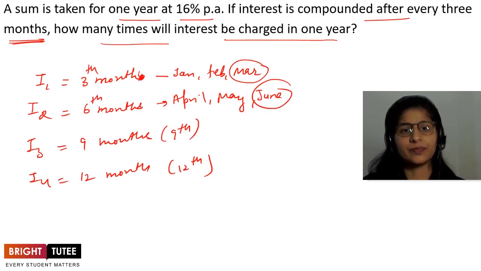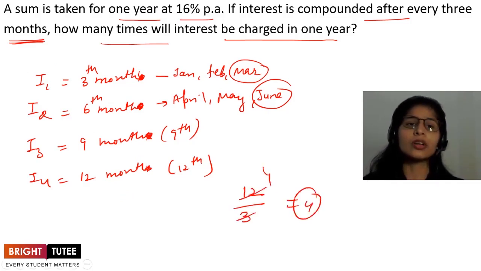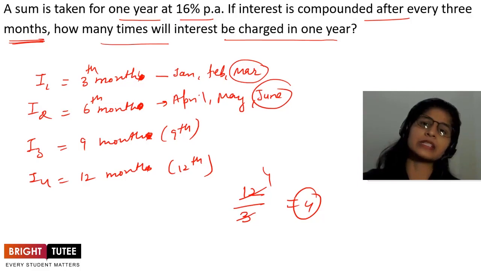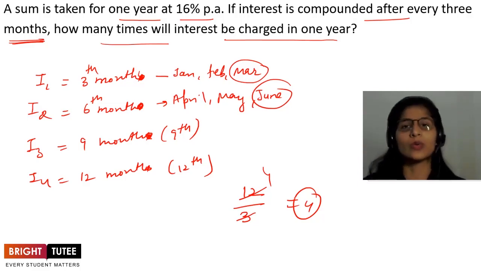So like this we can write that it will be charged 4 times, because if we divide 12 into groups of 3, we are left with 4 quarters, each of 3 months. A year can be divided into 3 months, 3 months, 3 months, 3 months, that is a total of 12 months.